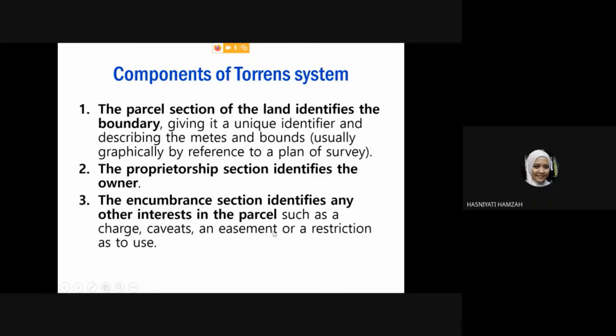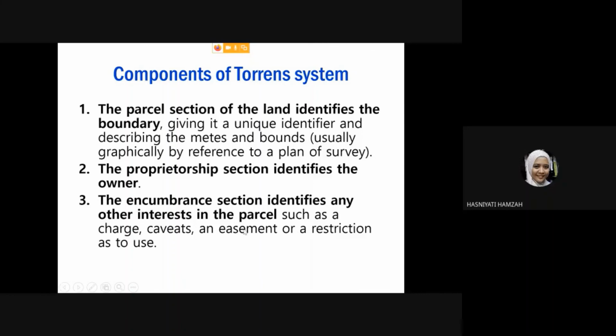A right to do something, a right on the land. Sometimes there's a right of way or, what else, right of light. In some countries, with right of light, you can prevent another land from building too high until it becomes a barrier for light reaching your property. Easement, right of way.